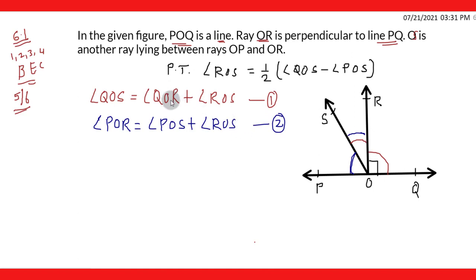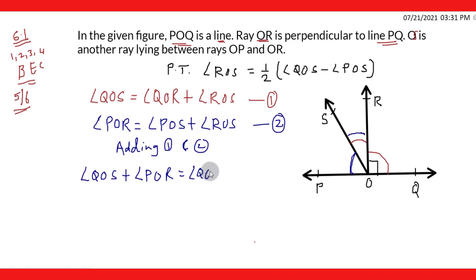Now here we see that if we add 1 and 2, we will get the sum of the left side, that is angle QOS plus angle POR, equal to the sum of the right-hand side, that is angle QOR plus angle POS plus angle ROS plus angle ROS, that will be twice angle ROS.